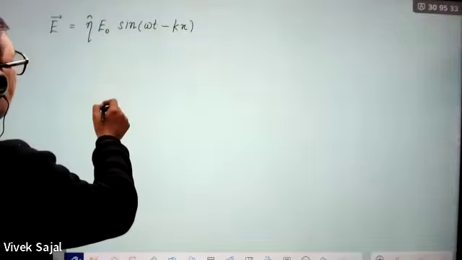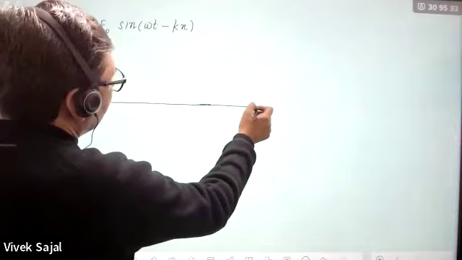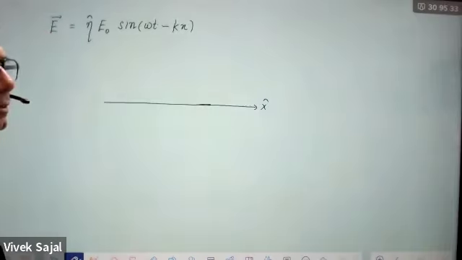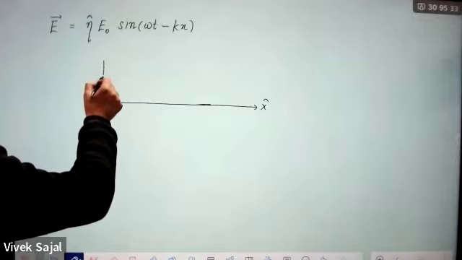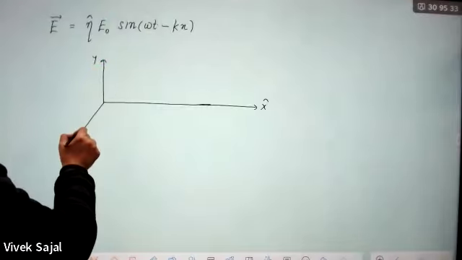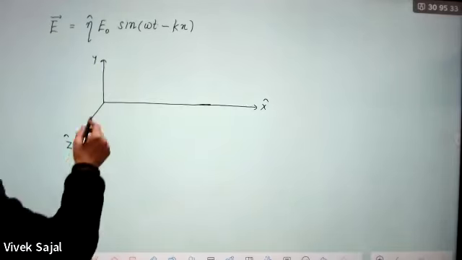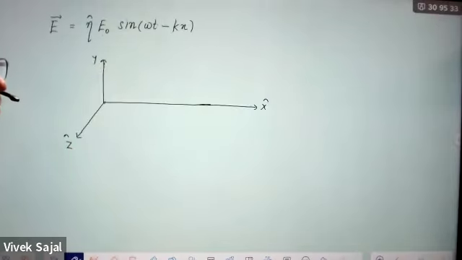I will show you. This wave is propagating in the x direction, and this is y direction. We are using a right hand system, and this is z direction. So the electric vector is not along the y, and not along the z.